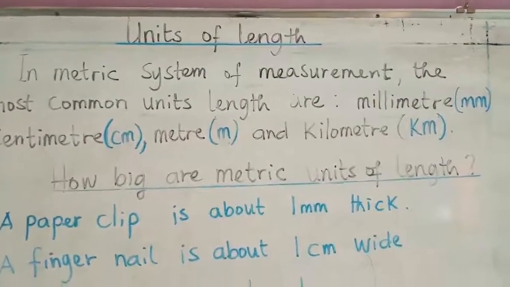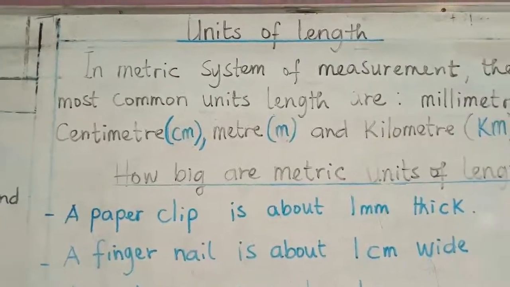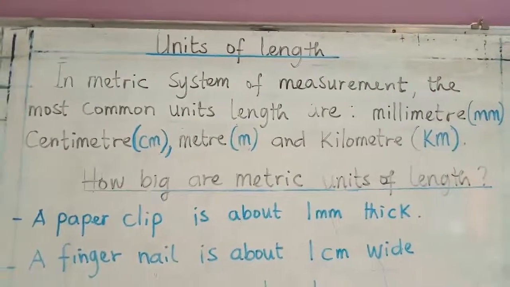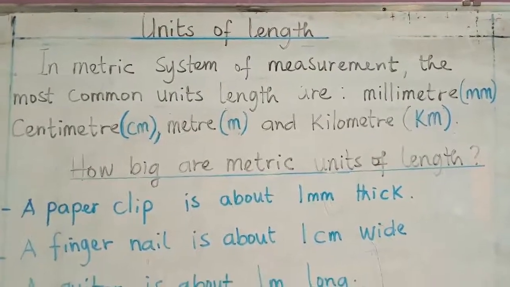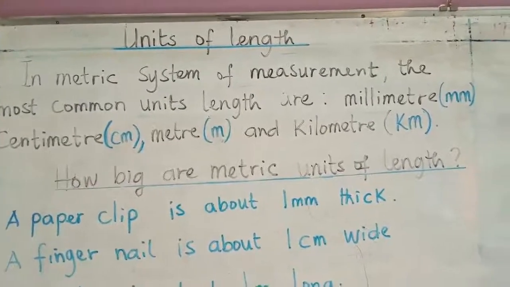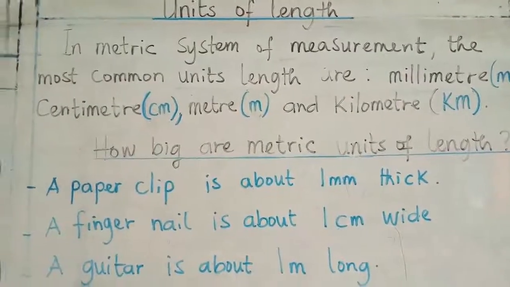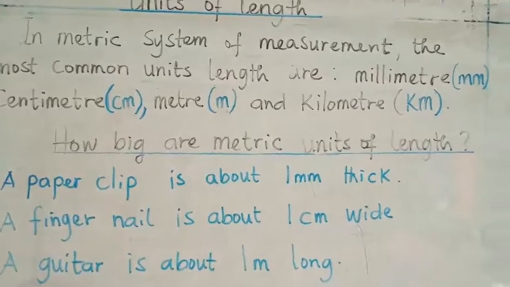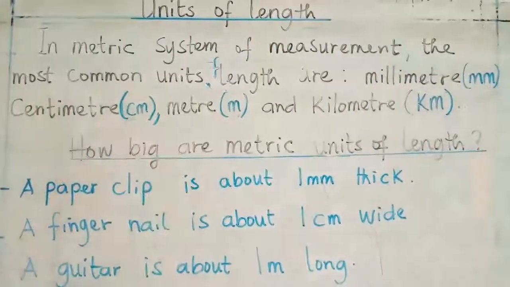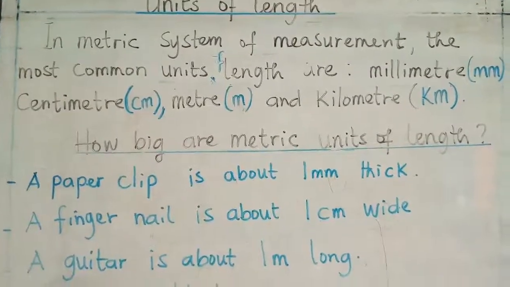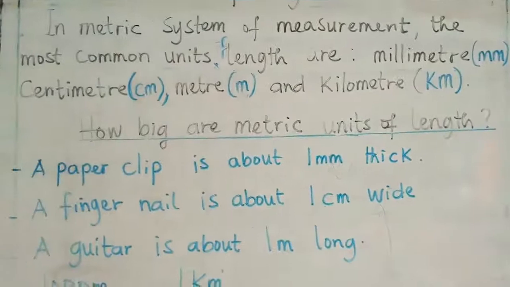Now, what are the units of length? Like I said before, the base unit for length is the meter. We have other units. Some of these units are either smaller or larger than the meter. So in the metric system of measurement, the most common units of length are millimeter, which is mm, that is the abbreviation.